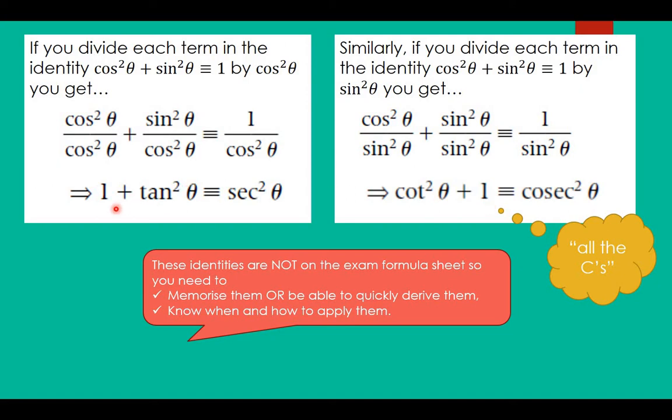So every time, at the start of doing a paper on these or an exam maybe, I would jot down sine squared plus cos squared is 1 and derive them by just dividing a set by sine squared or dividing a set by cos squared. It's up to you. If you're good at memorising, brilliant. If not, derive them. You're expected to know these and know when and how to apply them.